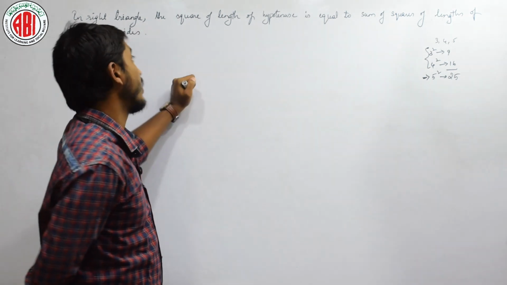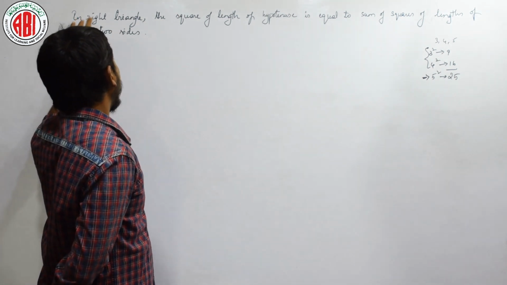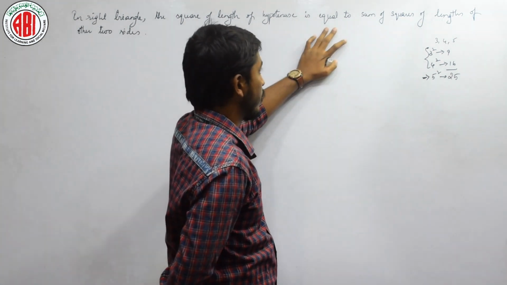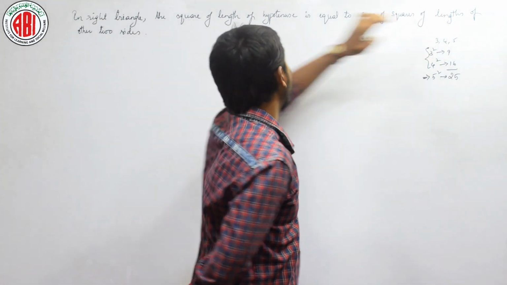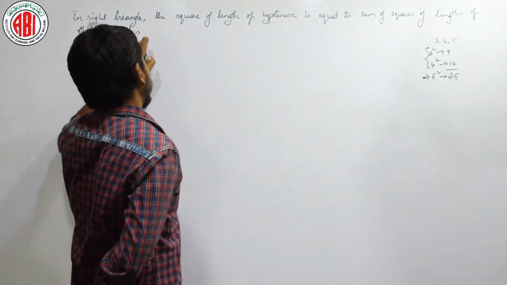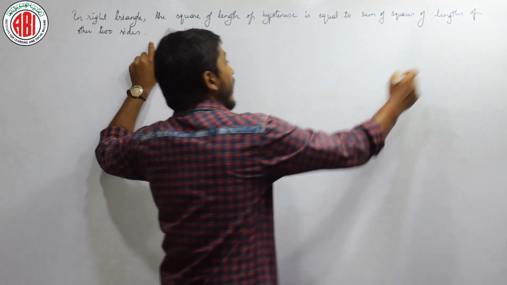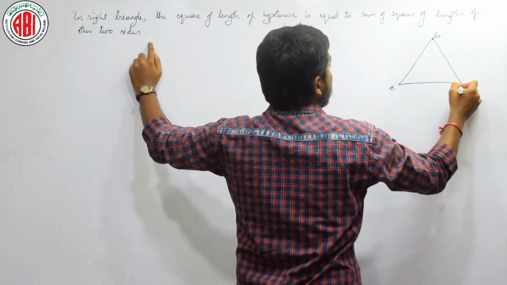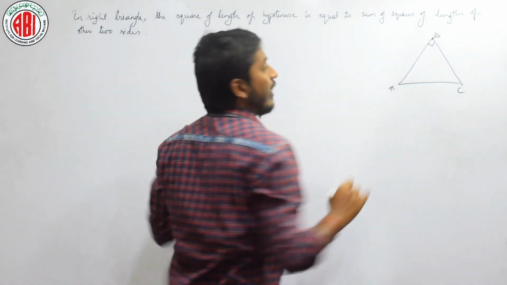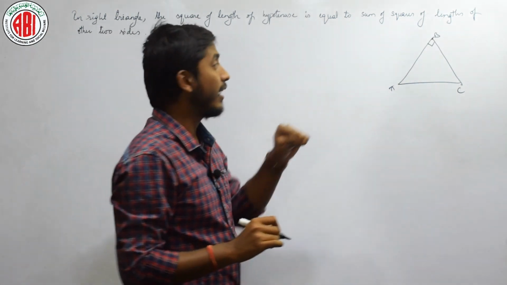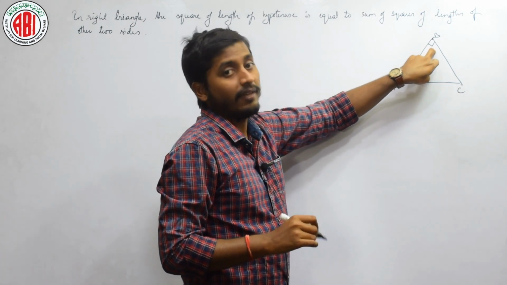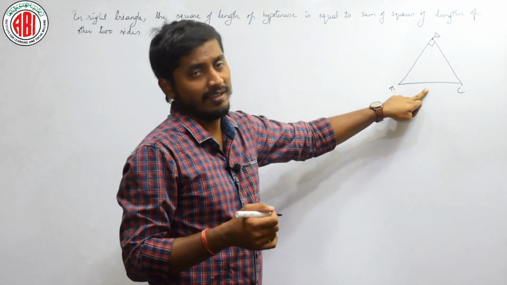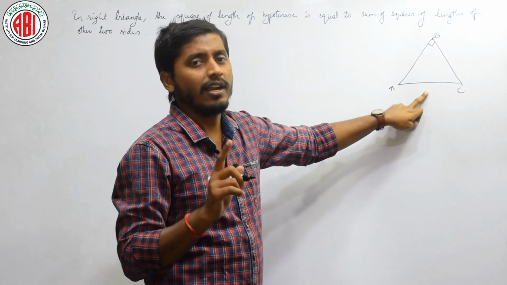Shall we start? Now see here, the statement is: in a right angle triangle, the square of the length of the hypotenuse is equal to the sum of squares of the lengths of the other two sides. What does this mean? There is a right angle triangle ABC, right angled at B. The side opposite the right angle is the hypotenuse, which is the longest side of any right angle triangle.